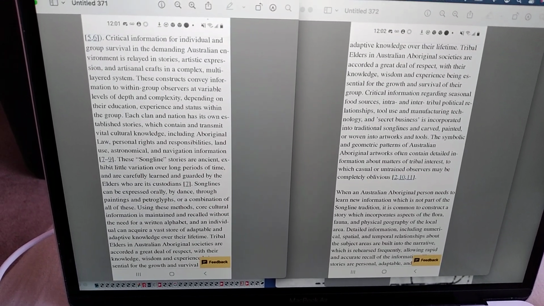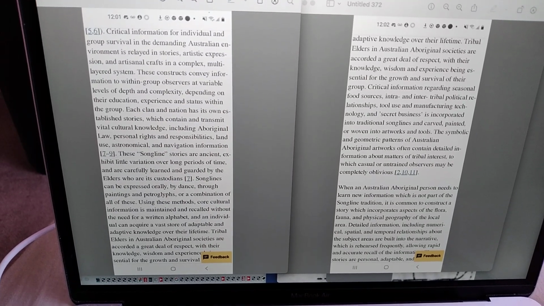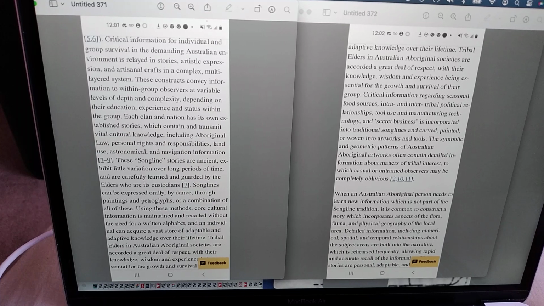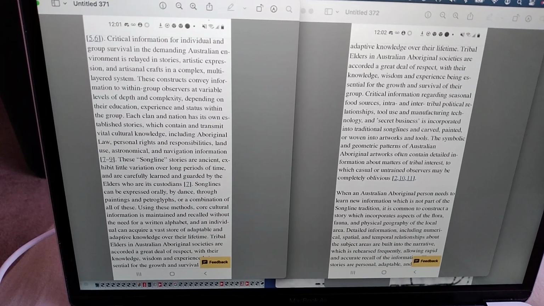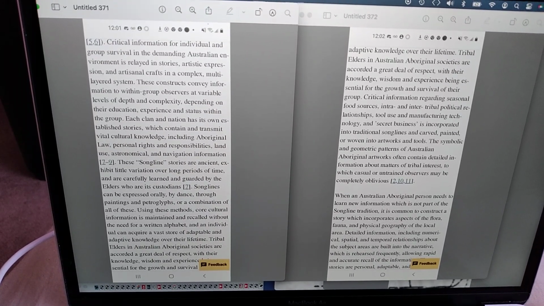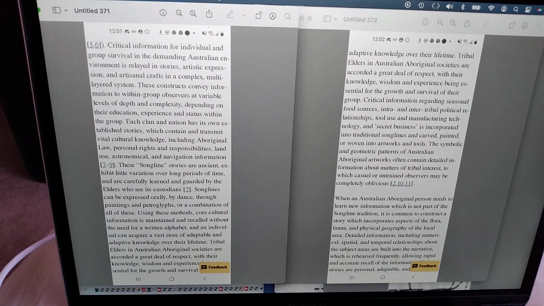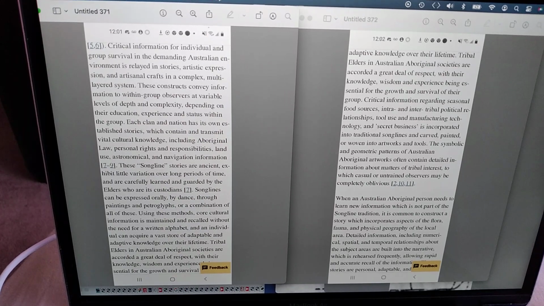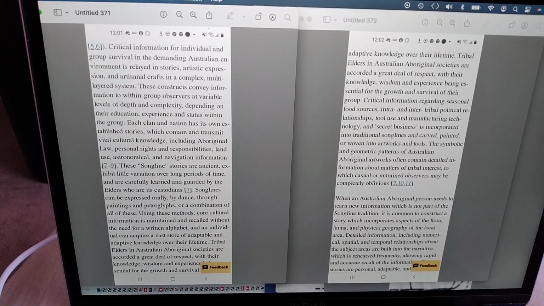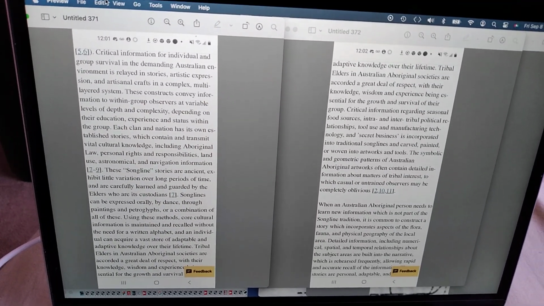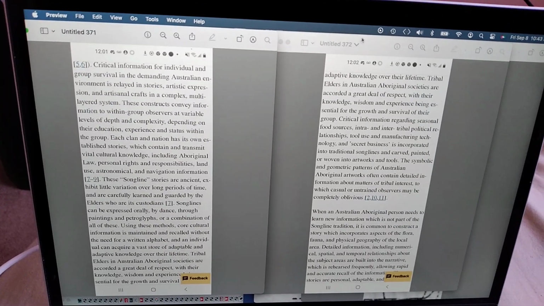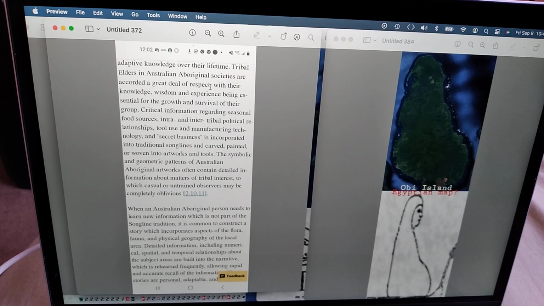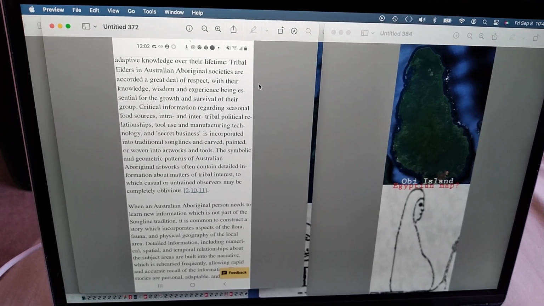Using these methods, core cultural information is maintained and recalled without the need for a written alphabet, and an individual can acquire a vast store of adaptable and adaptive knowledge over their lifetime. Tribal elders in Australian Aboriginal societies are accorded a great deal of respect, with their knowledge, wisdom, and experience being essential for the growth and survival of their group.